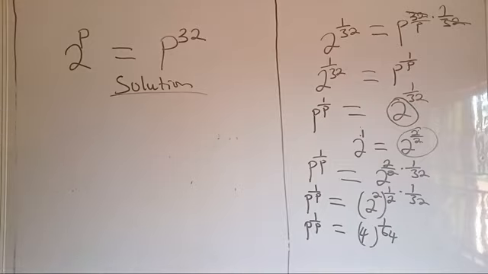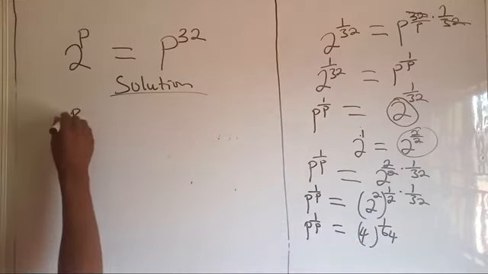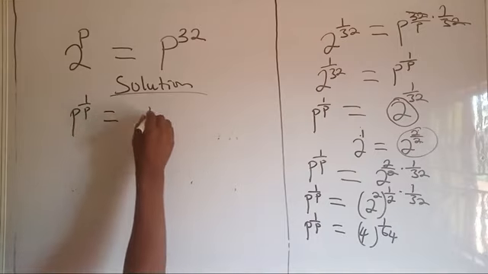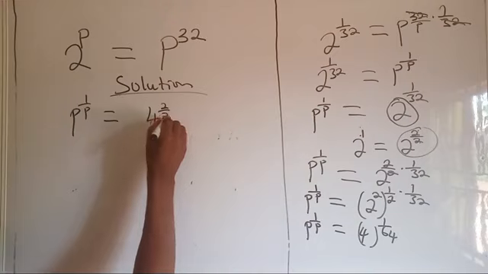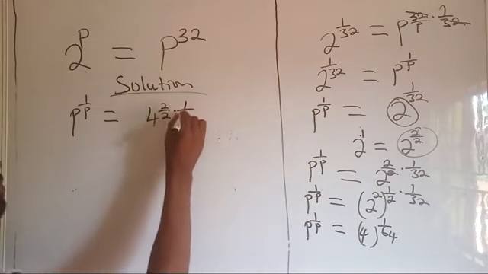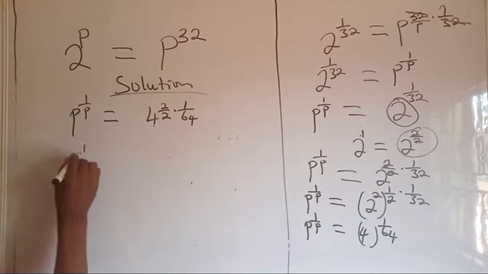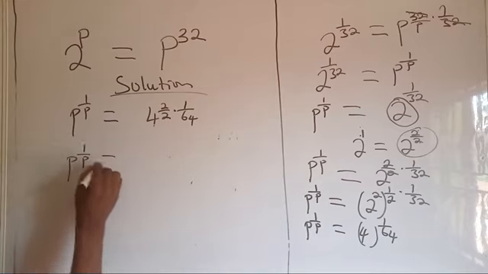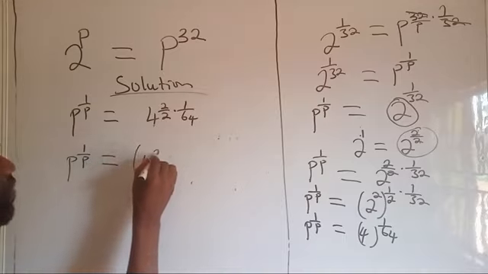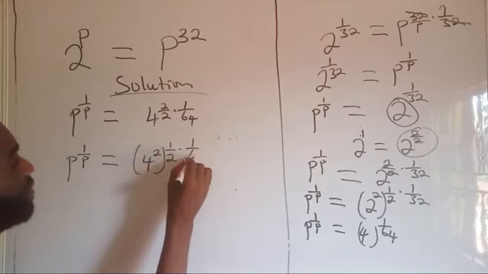So now again, this can be written as p raised to the power of 1 over p is equal to 4 raised to the power 2 all over 2, which is the same thing as 2 raised to the power 1, multiplied by 1 all over 64. So here we can put it as 4 raised to the power 2, 1 all over 2, 1 all over 64.